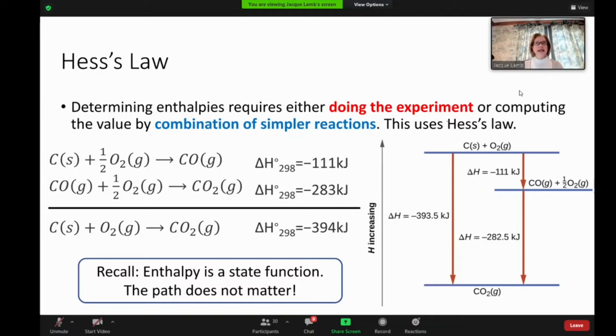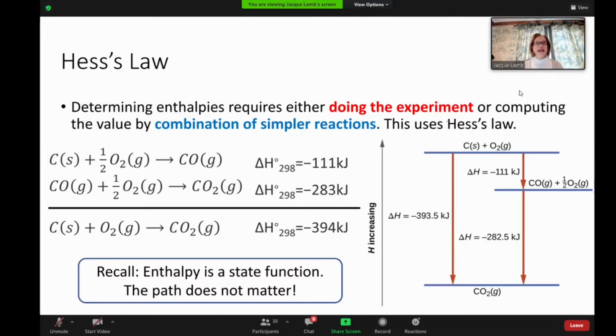If you want to measure the enthalpy change for the combustion of carbon to form CO2, you could do that reaction directly, or you could measure the enthalpy change for the combustion of carbon to form carbon monoxide first, and then a second step combining carbon monoxide with another oxygen atom to form CO2, and add those two. So whether this reaction occurs in one step or two steps, the overall enthalpy change is the same.